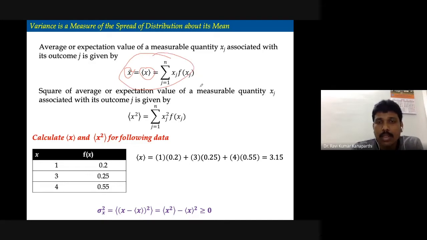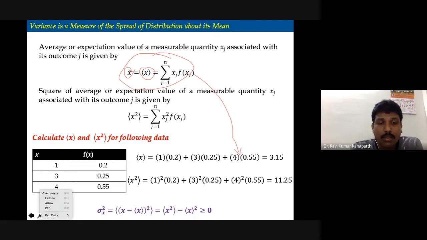By making use of this formula, you can evaluate the expectation value of the variable x. Similarly, we can also evaluate the expectation value of the square of x, and it becomes 11.25.